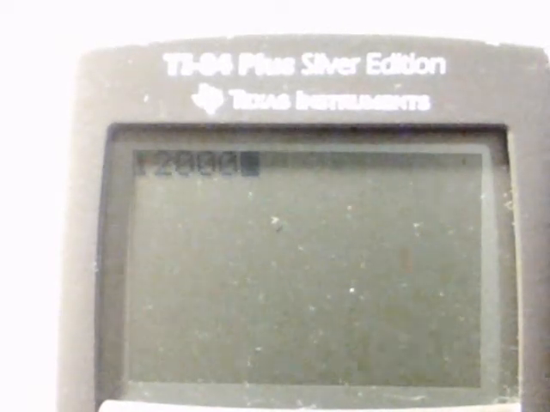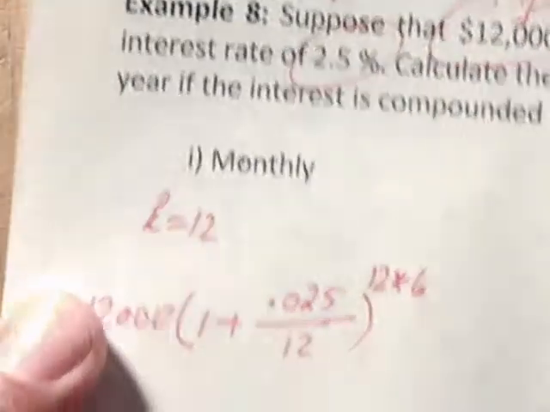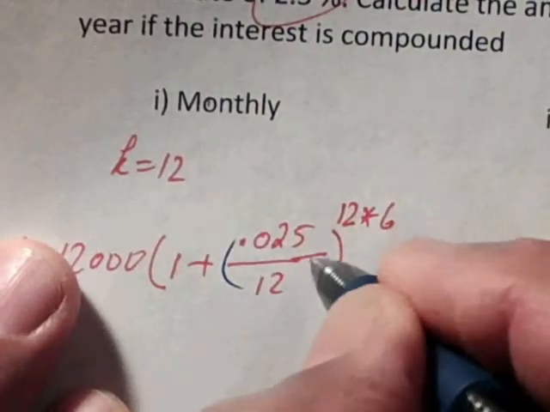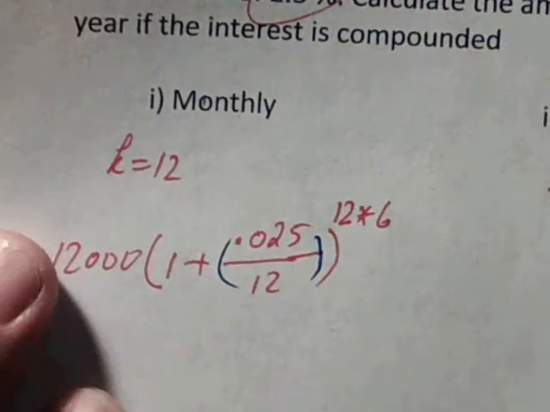So I say 12,000 times parentheses 1 plus, do another parenthesis. In other words, what I'm doing here is putting another parenthesis right here. You see, this way the calculator will read the whole thing correctly.